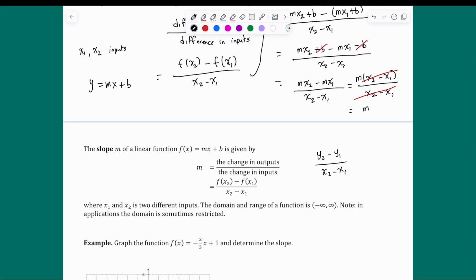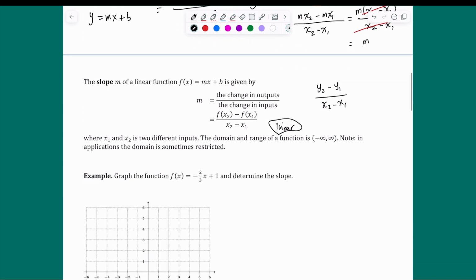Once again, x1 and x2 are just two different inputs, and the domain and range of a linear function is negative infinity to infinity. Note that in applications, the domain is sometimes restricted, and we'll see an example in this set of notes.